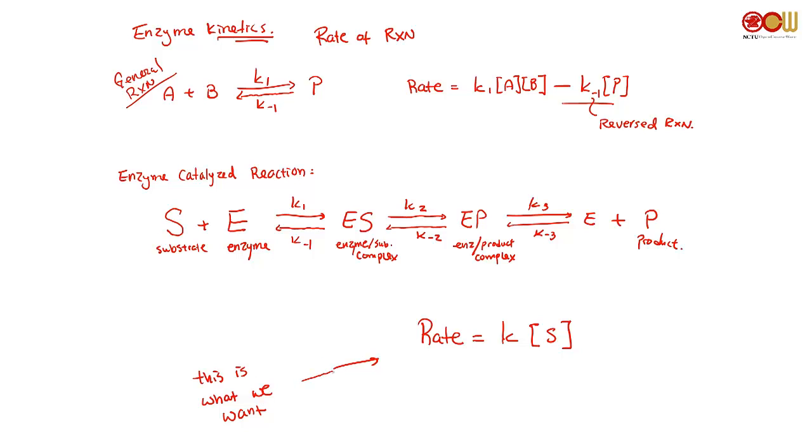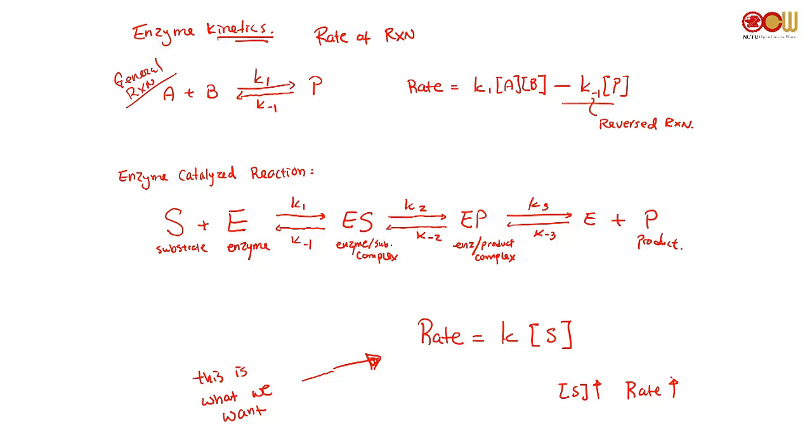This is the kind of expression that we want to have in order to describe the rate of the reaction. Why? Because we know for a fact that increasing substrate concentration increases the rate. We know that, right? So obviously this is some kind of stuff that we want to get.